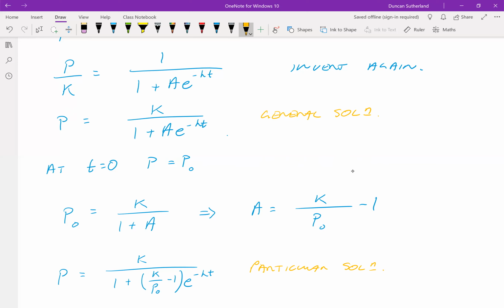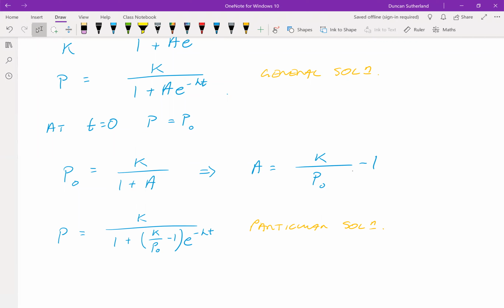Like so. All right, so that's how we solve the logistic equation.